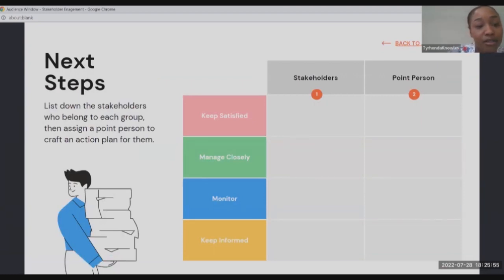You can list down the stakeholders and who belong to each group, then assign a point person and craft an action plan for them, and you will lay them out based on the same matrix. I don't know if it differs in different industries, but obviously the project manager will be the first person to lay this out. Who's going to continually go through that process?